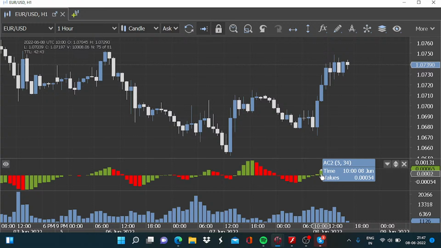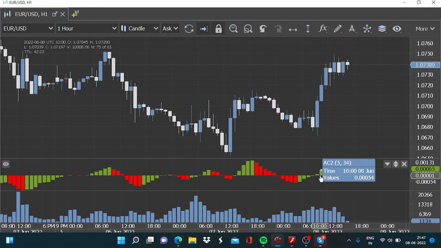So for that, not only do we need the acceleration deceleration output value to be in the positive territory and on the rise, but along with that we need good enough momentum. So we will consider, after the turn happens, after the momentum shifts gear from bearish to bullish, we will need the pickup there.